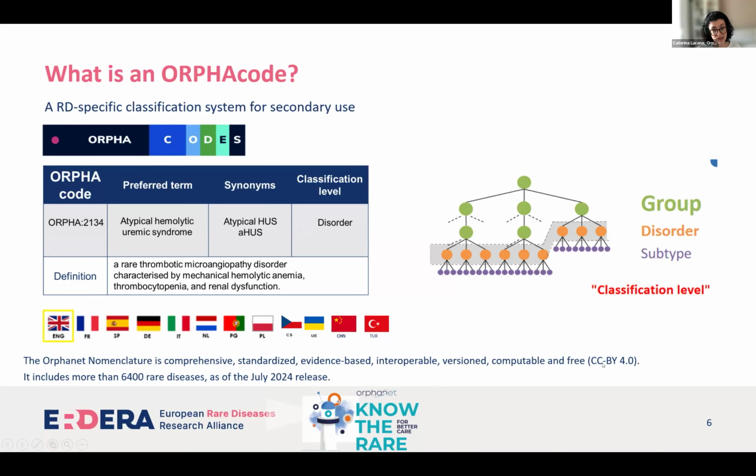It is computable and free. At the moment, the nomenclature includes more or less 6,400 rare diseases as defined by the European definition of rare diseases, so rare diseases in Europe, with a prevalence of less than 1 in 2,000. This number was based on the July 2024 release.